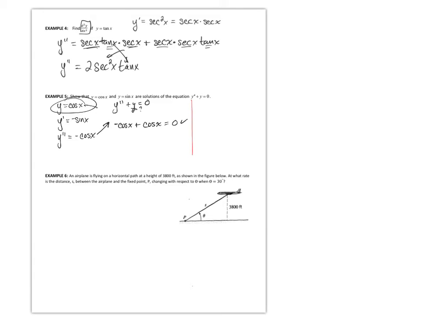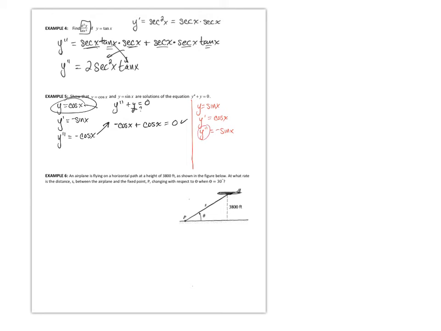Now, for our other work, I'll go to red so you can tell the difference. We're talking about y being the sine of x. So y prime is cosine of x, and y double prime, again from the chart, is the derivative of cosine, which is negative sine. And I think you can see the pattern again.